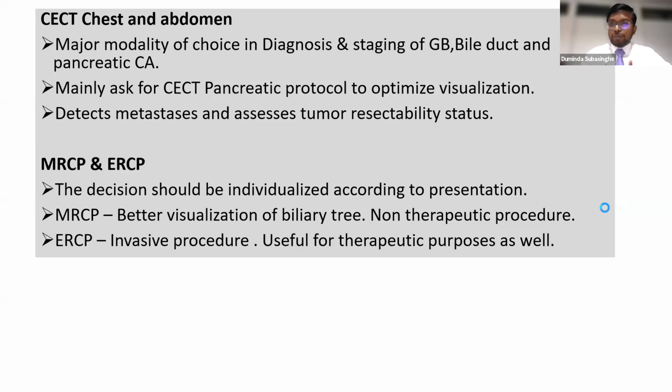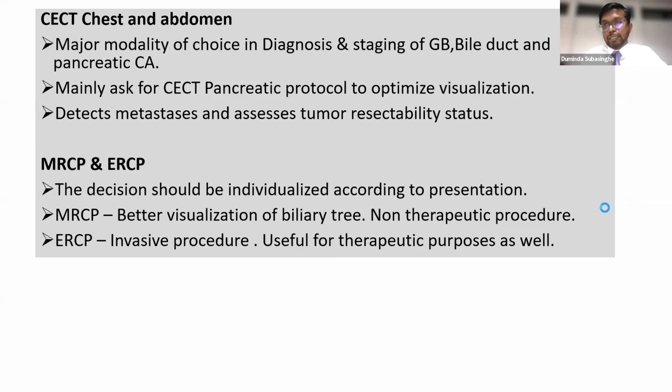Now, one of the principles I could mention early on is that when you plan your investigation, you need to plan it to confirm your diagnosis, confirm the obstructive jaundice, identify its complications, and assess the fitness of the patient for the surgery, which will come later.